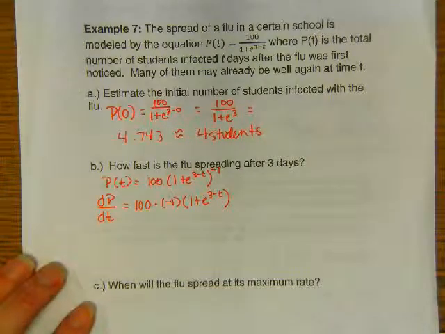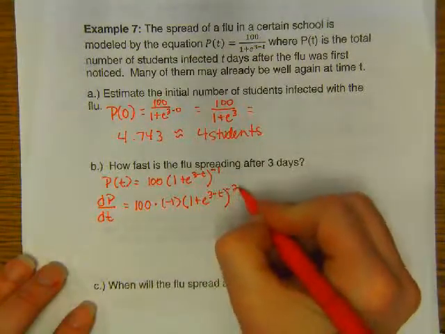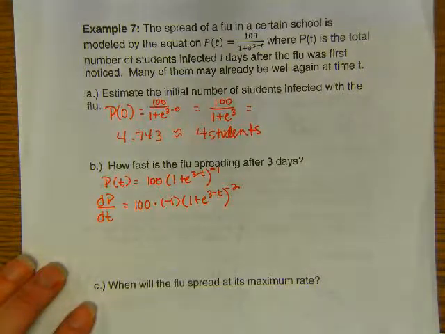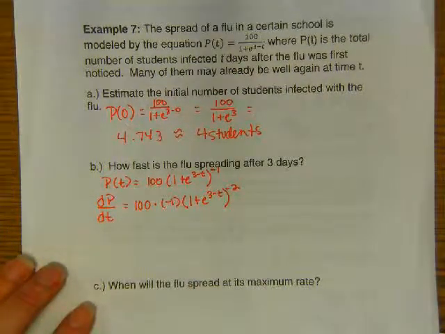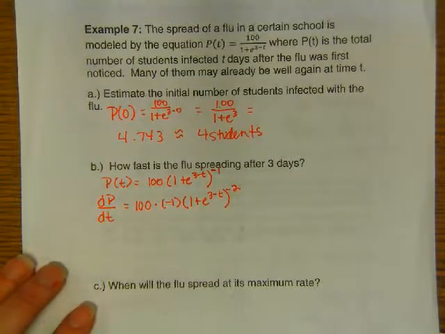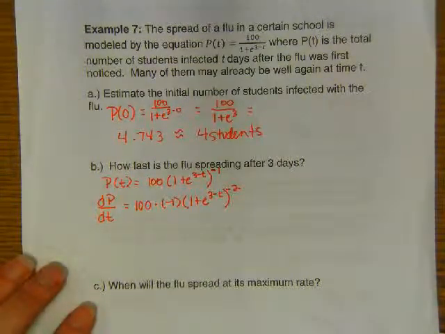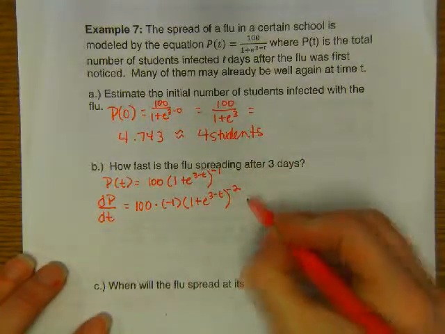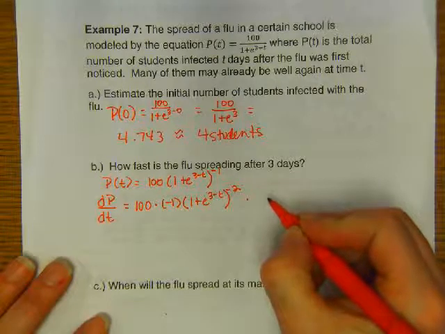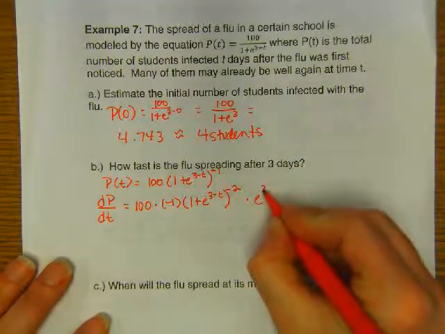And this is chain rule, meaning, Danny, I have to multiply by what? The derivative of what's on the inside. What's the derivative of this? The derivative of e to the 3 minus t is e to the 3 minus t times negative 1.